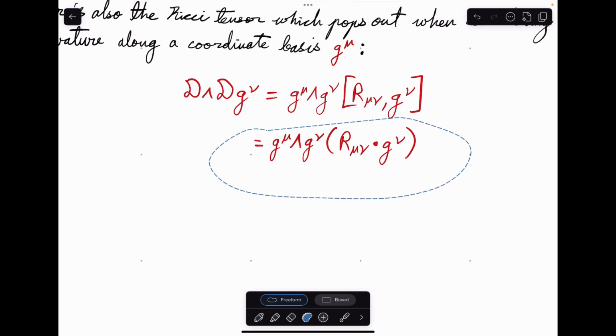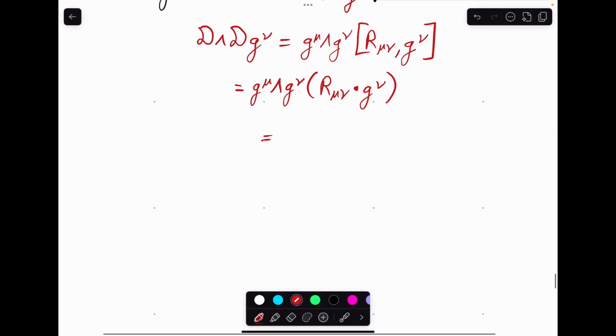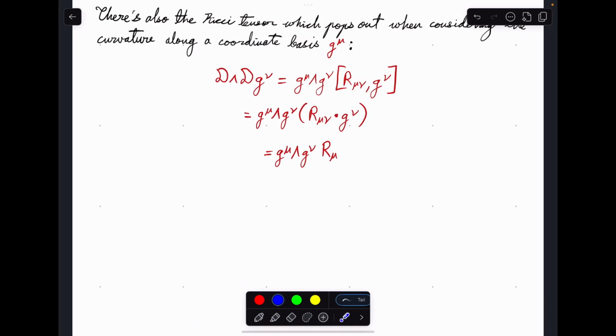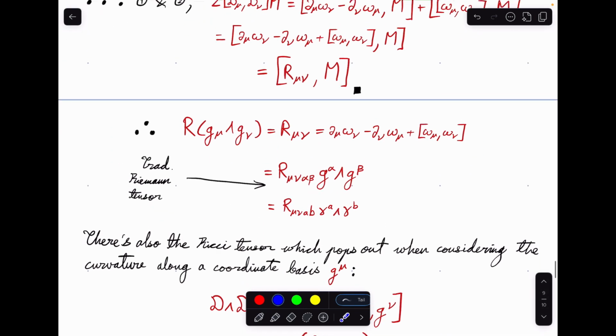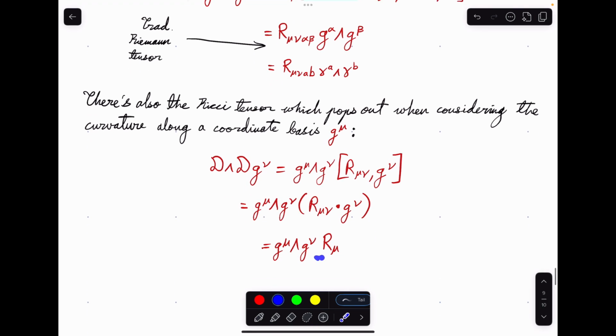And we can simplify this such that we have G mu wedge G nu, and then this is times R mu. So this R mu is the Ricci tensor, which is also called the Ricci vector now. So just like this can be called the Riemann bivector, this is the Ricci vector.